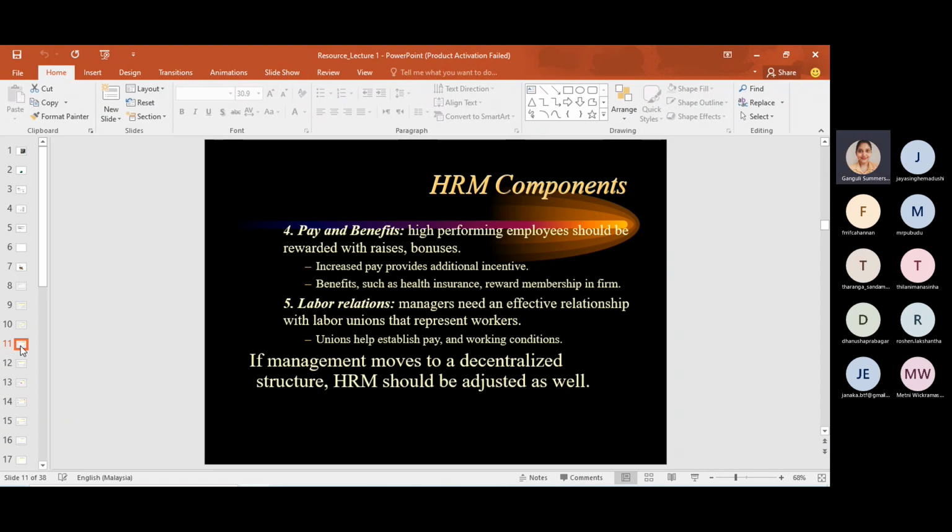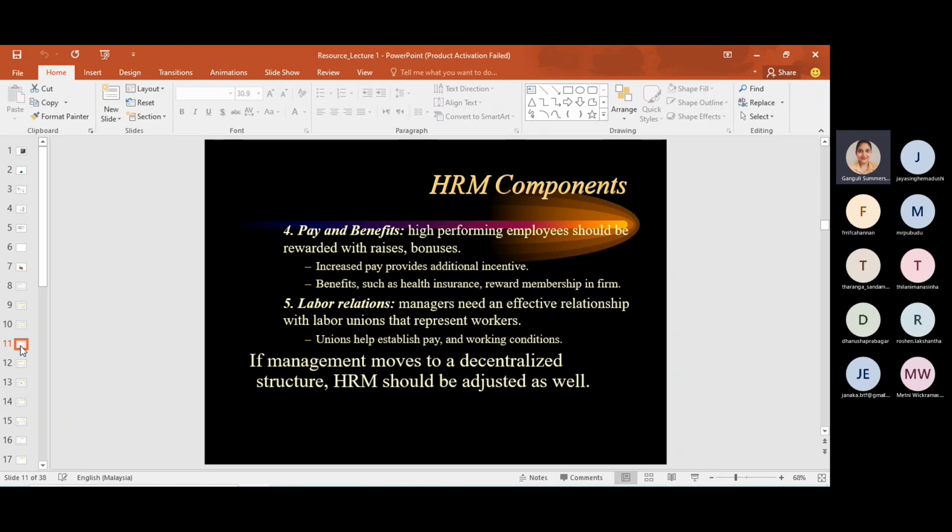They speak for the rights of the workers. Managers in an organization should work effectively with these labor unions.